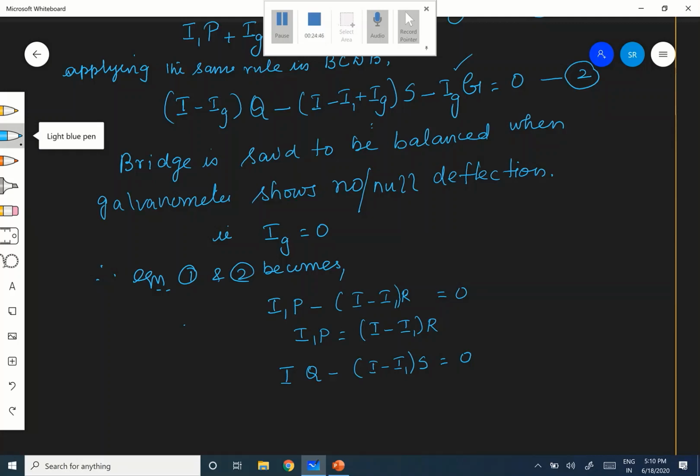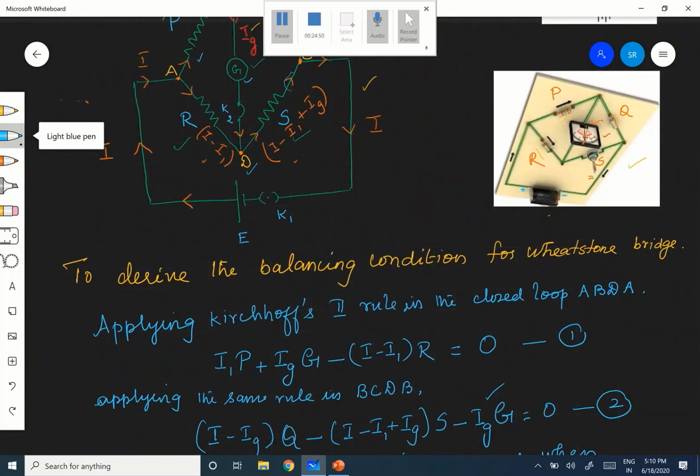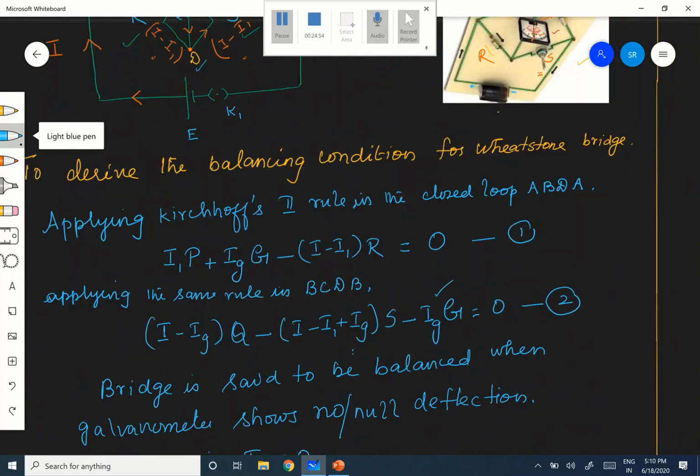It will be I1 minus IG, and here I minus I1 plus IG.